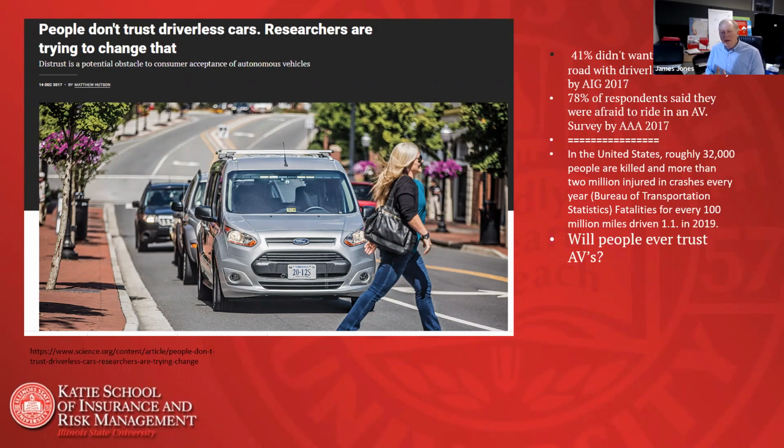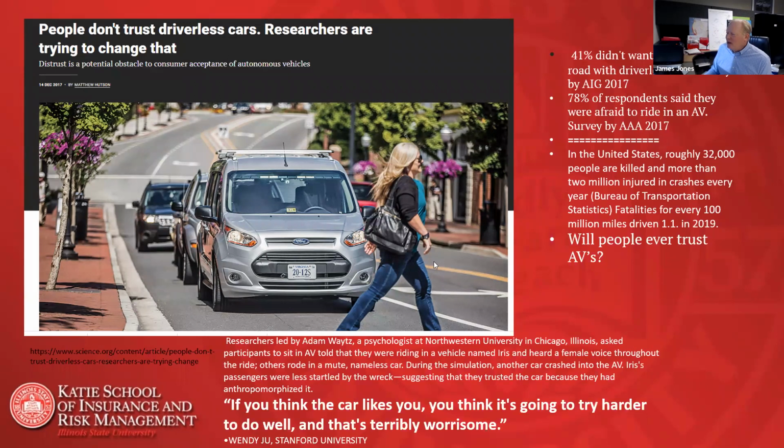And one of the things is control. When we give up control, we perceive something to be more risky. Now, one of the things that was kind of clever, done by one of the auto manufacturers, is they gave the vehicles a voice, and you can pick the voice of somebody.